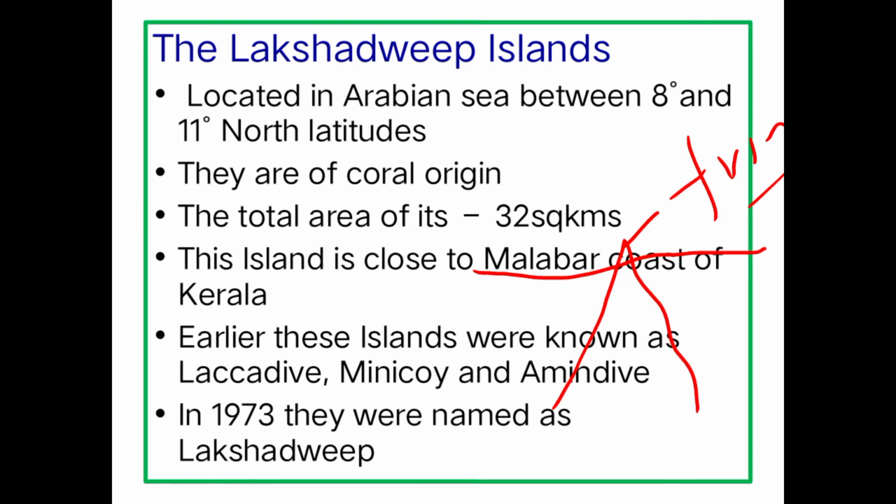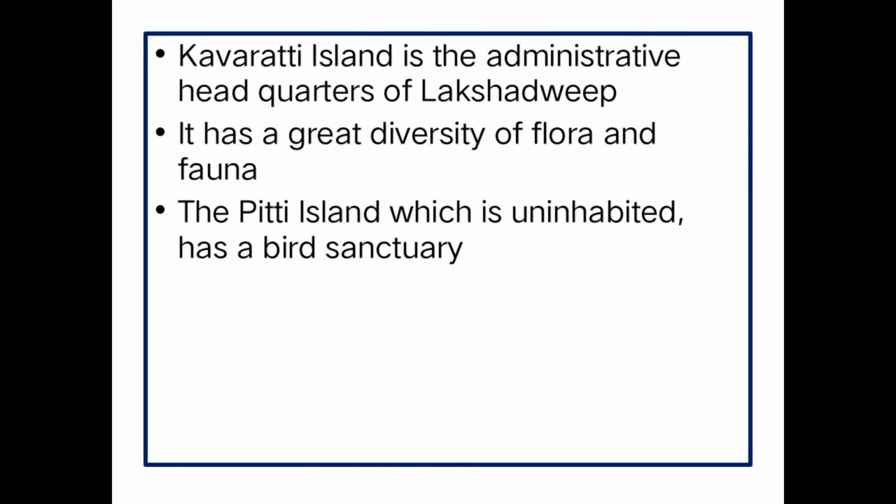The area of these islands is 32 square kilometers. The islands are very close to the Malabar coast of Kerala. Earlier these islands were known by three different names: Laccadive, Minicoy, Amindivi. All three merged together, and in 1973 they got the name Lakshadweep.